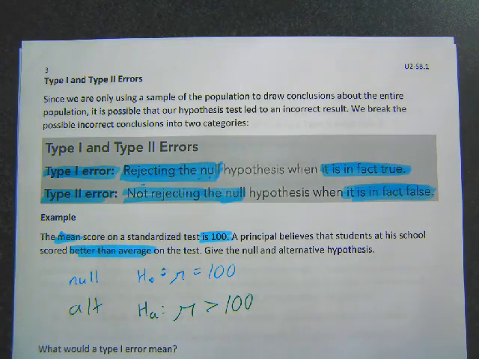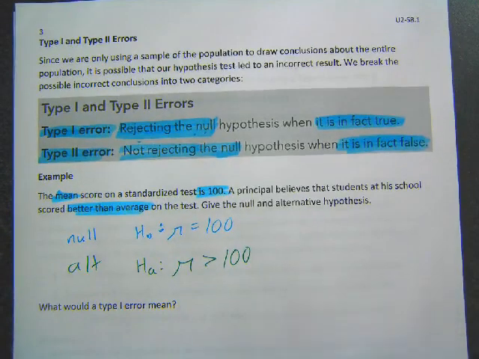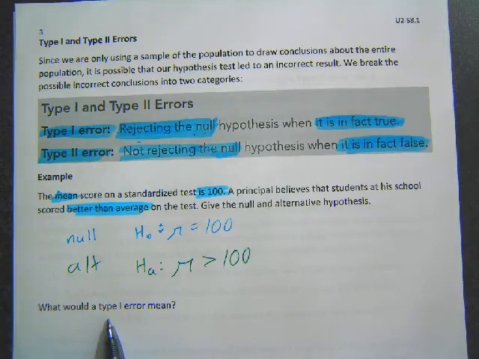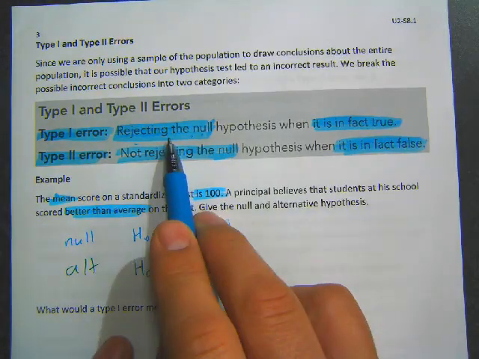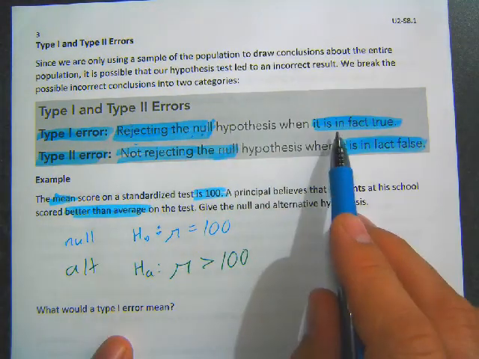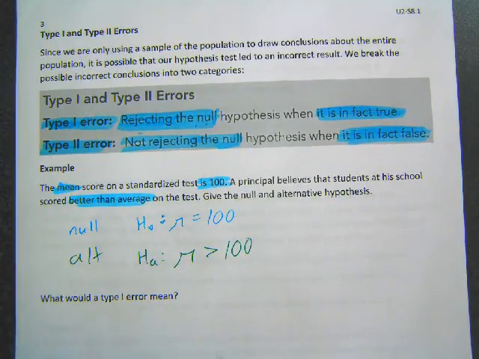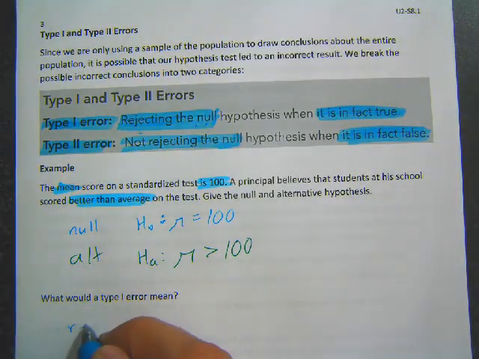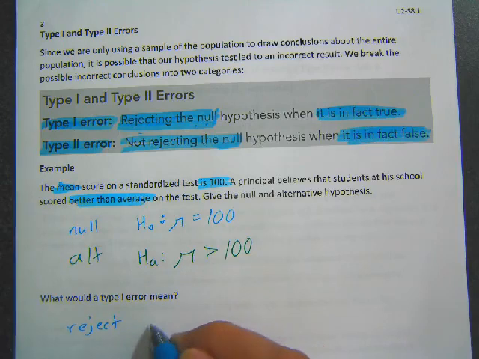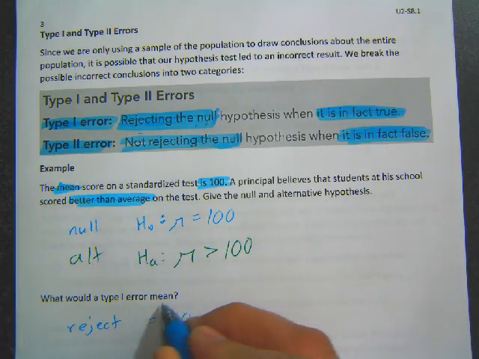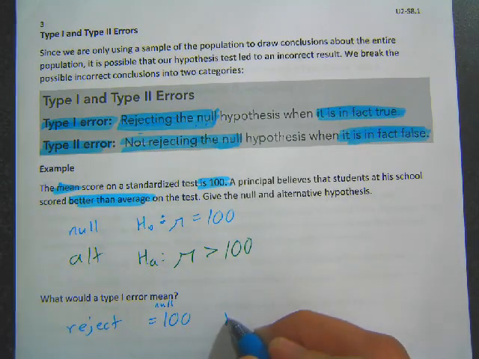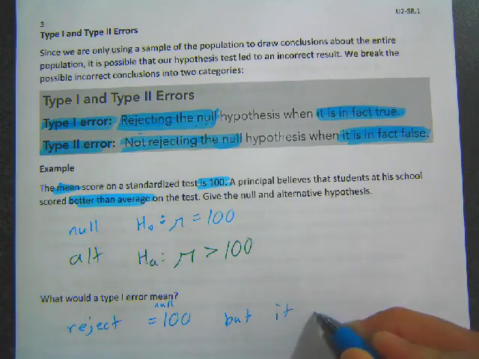So then he would collect his data, and first off, he might make a type 1 error. Well, type 1 error, what would that mean? Well, that would mean he rejected the null, but it was actually true. So type 1 error, he rejected the equals 100, the null, but it was true.